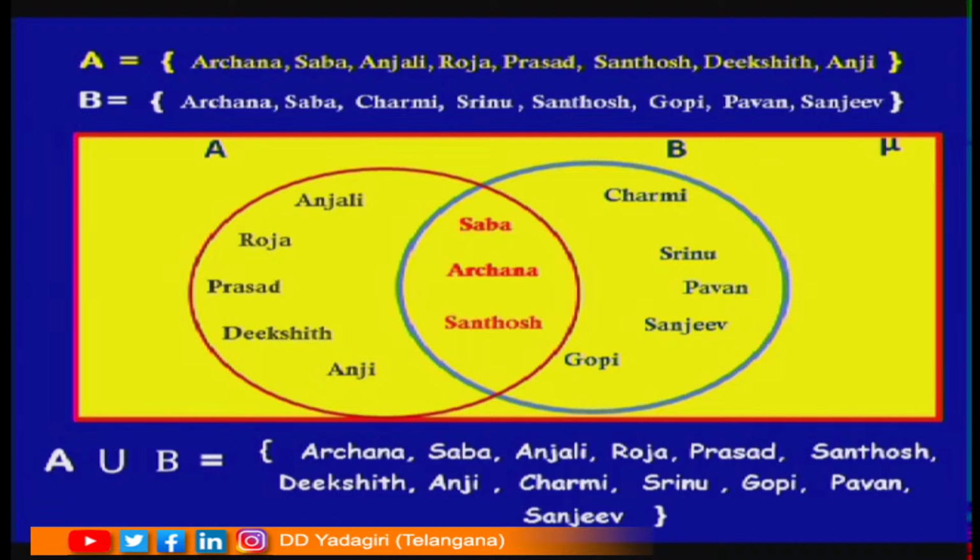So, that is the condition you know well. So, now A union B is equal to Archana, Sabha, Anjali, Roja, Prasad, Santosh, Dikshita, Anji, Charmi, Srinu, Gopi, Pavan. You can observe here the both sets meet in a common region. So, Sabha, Archana, Santosh are there in both sets.